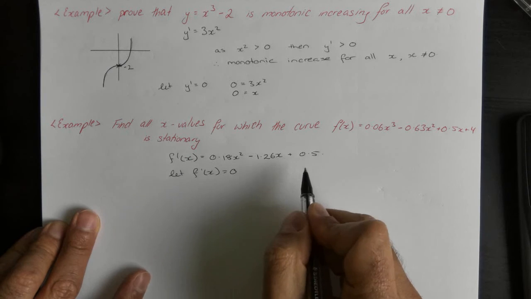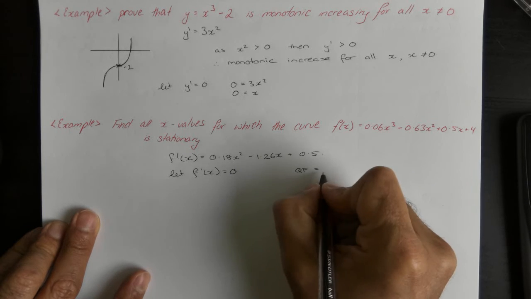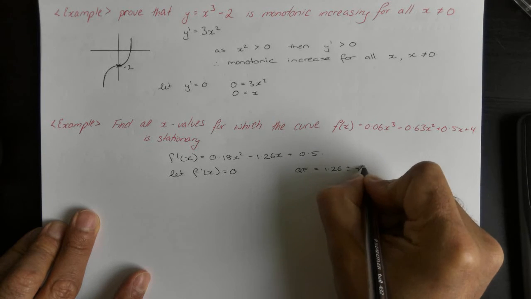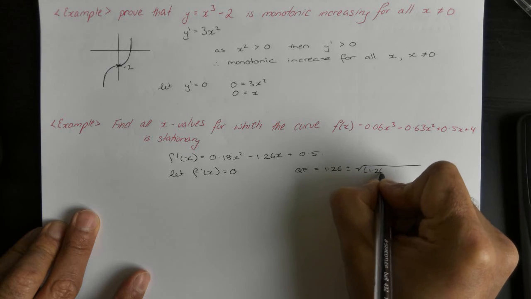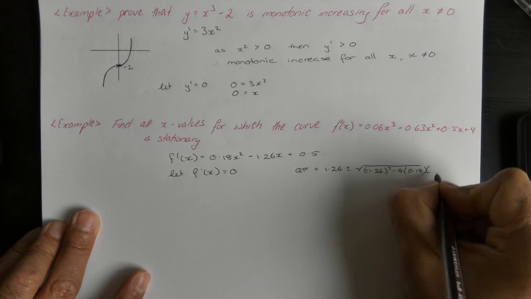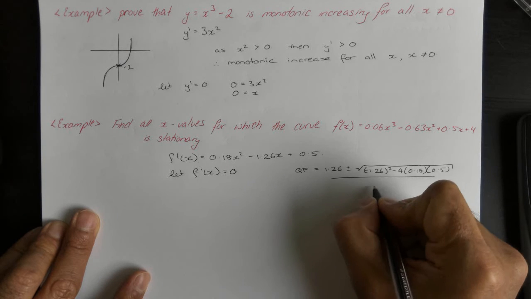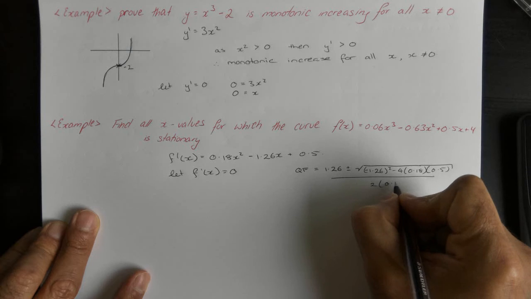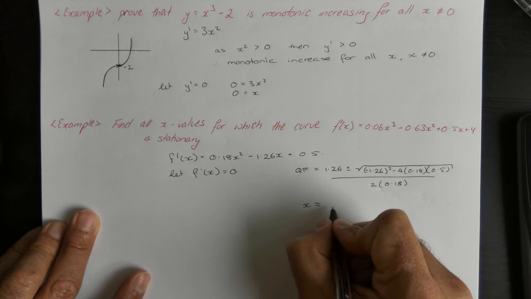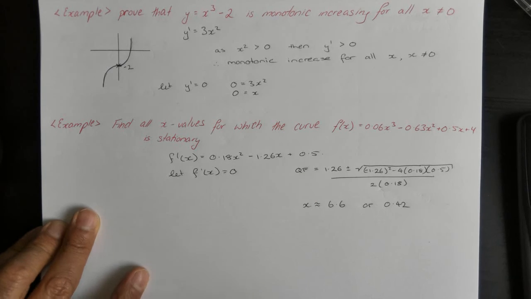This is a quadratic, so I can use the quadratic formula to find my x values. That's positive 1.26, plus or minus the square root of 1.26 squared minus 4 lots of 0.18 times 0.5, all over 2 lots of 0.18. So I get x is approximately 6.6 or 0.42.